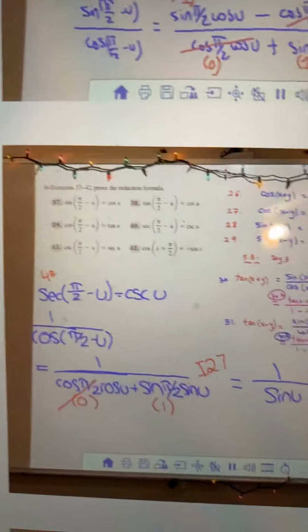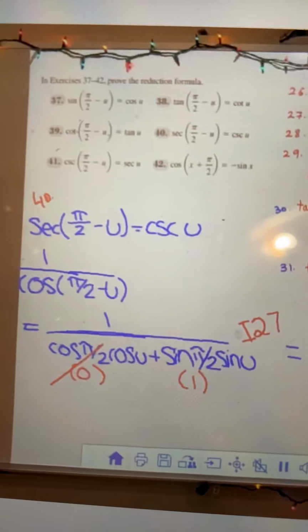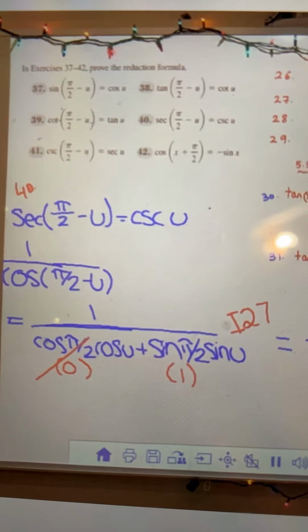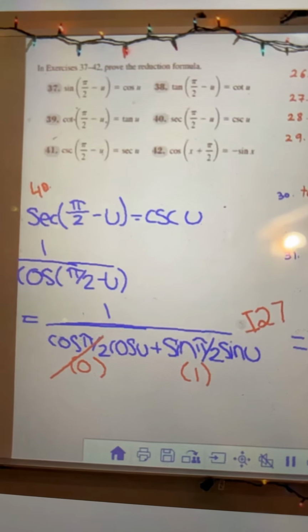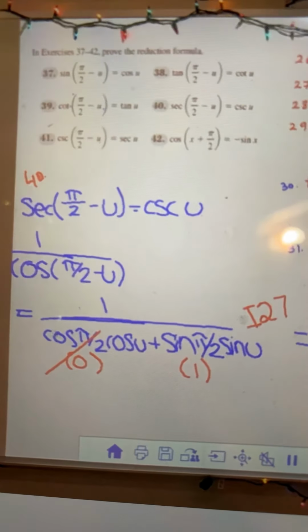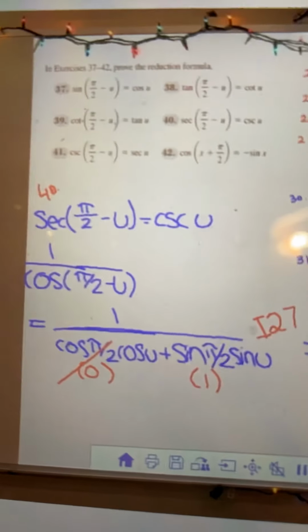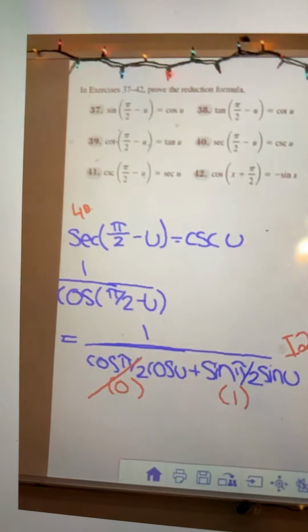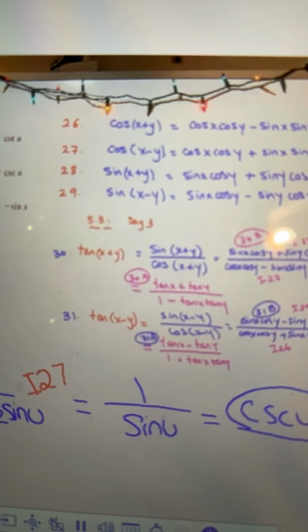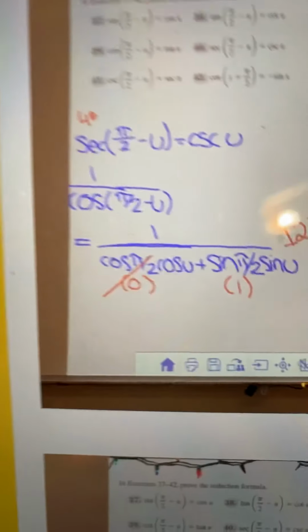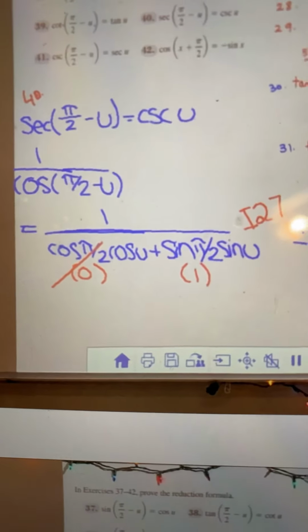The last two, number 40, secant. So secant is 1 over cosine. So 1 over cosine, and we apply the cosine of a difference, which is pi over 2 minus u. Cosine of a difference is 27. So we are going to apply identity 27 to the denominator.